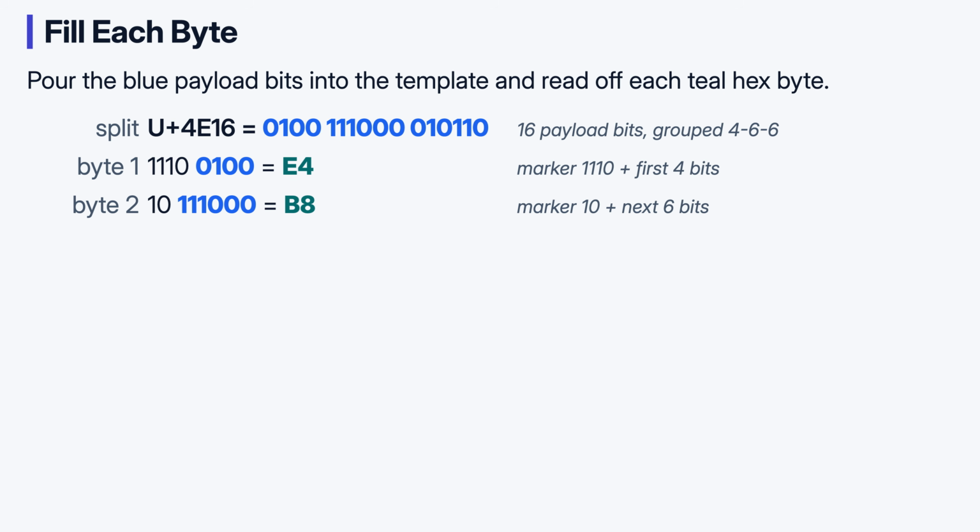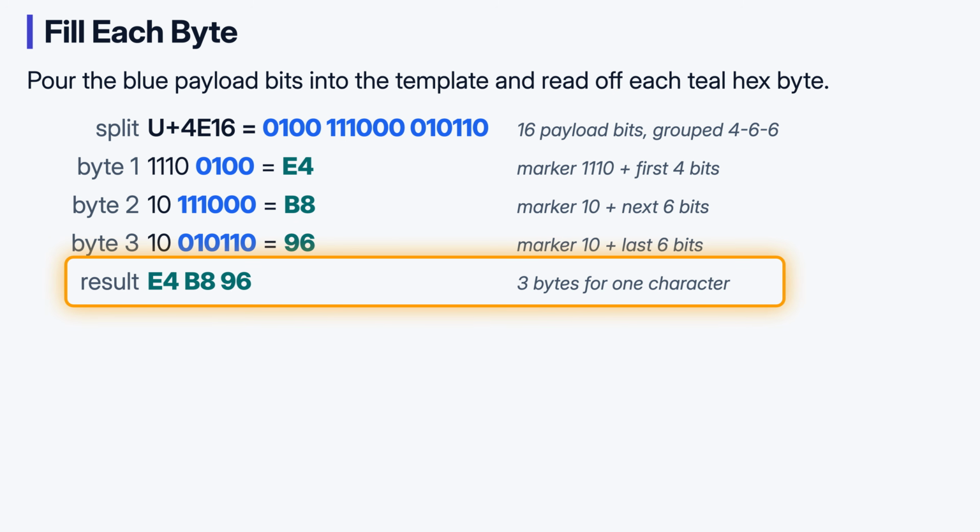Byte 2 is the marker 10, then the next 6 bits 111000. That gives 10 111000, which is hex B8. Byte 3 is the marker 10, then the last 6 bits 010110. That gives hex 96. Put them together and the character world is hex E4, hex B8, hex 96, 3 bytes for one character.